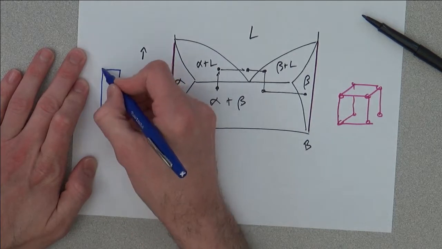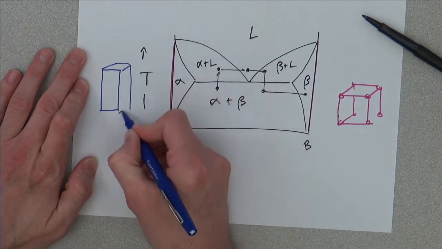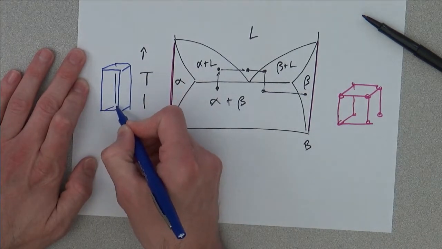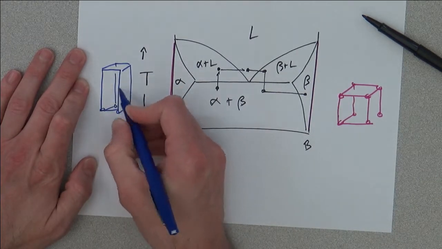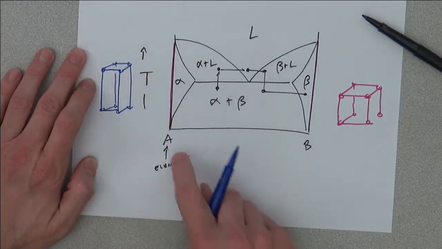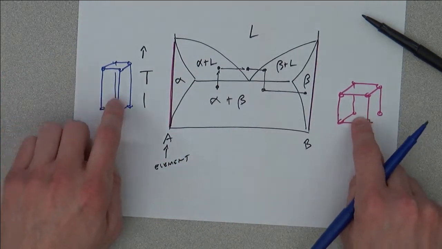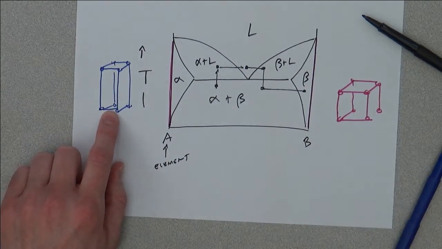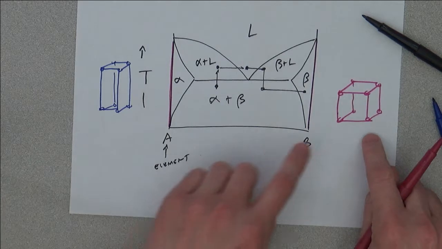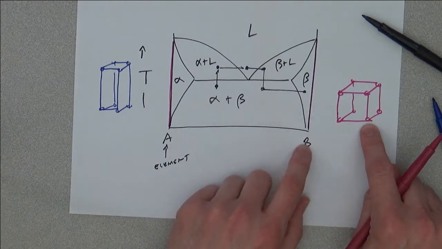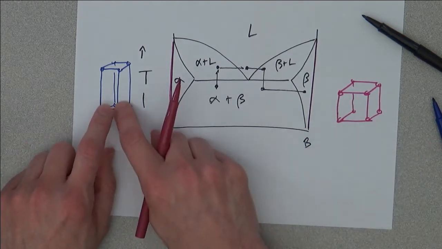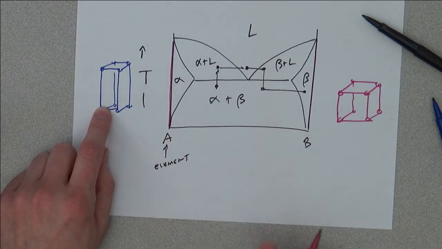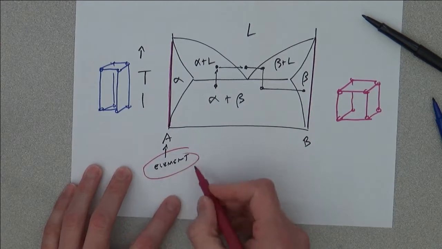And they're different crystal structures, perhaps. Say a tetragonal versus a cubic. Well, naturally, you can't completely intermix them because they have different structures. But you can certainly replace some of the B atoms with A, and you can certainly replace some of the A atoms with B.